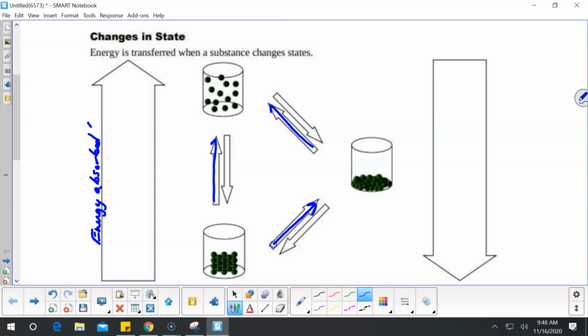And we are talking about heat. This is that Q. So if it is being absorbed, these are all endothermic processes.